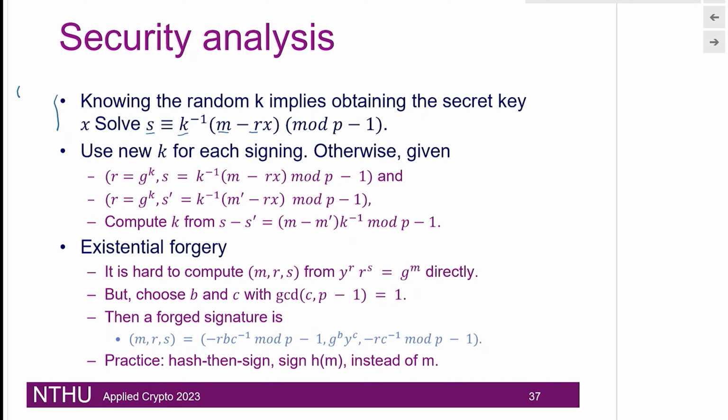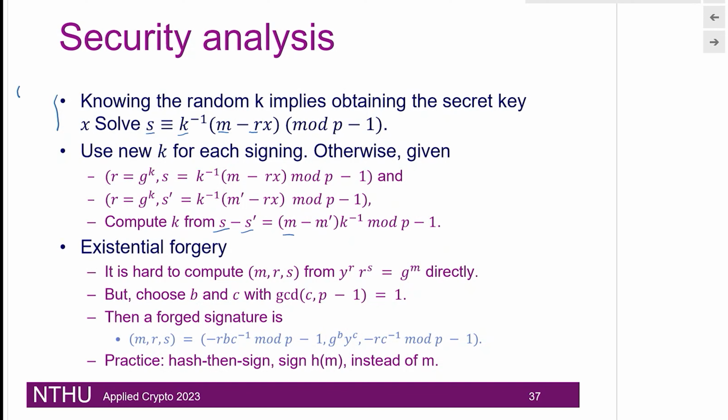Now it turns out that if we subtract these two parts, S minus S prime, what we get is (M minus M prime) times the inverse of K mod P minus 1. So we can compute this K now. How so? Because we know S, it is a part of the signature. We know S prime, it is a part of the second signature.